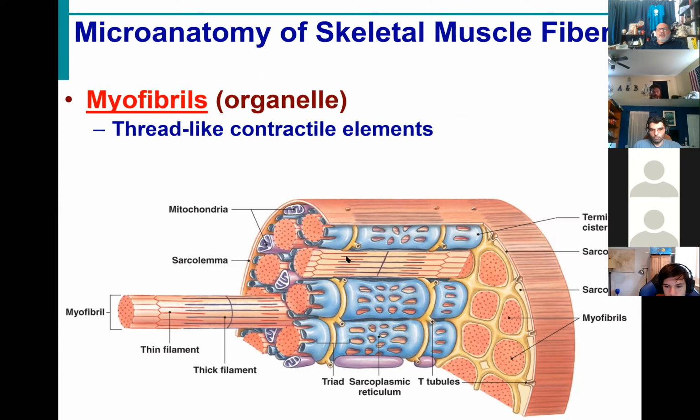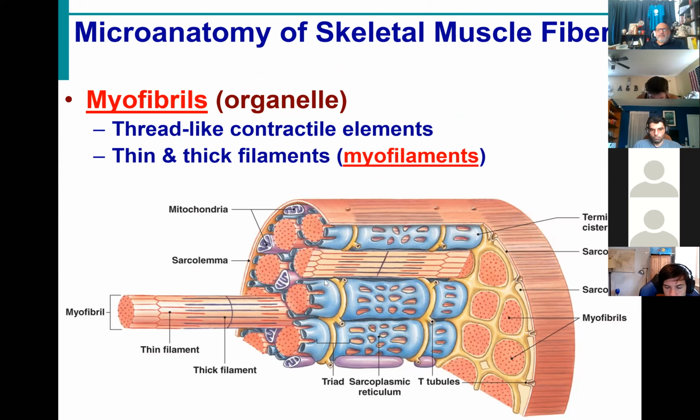And then our last and probably most important organelle are these long thread-like myofibrils. These are the contractile organelles containing massive numbers of proteins. And of course, because these proteins are found in a muscle cell, they call them myofilaments.